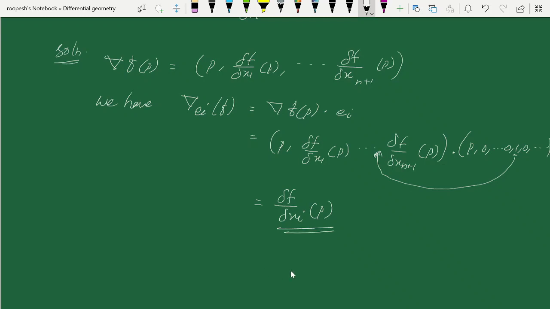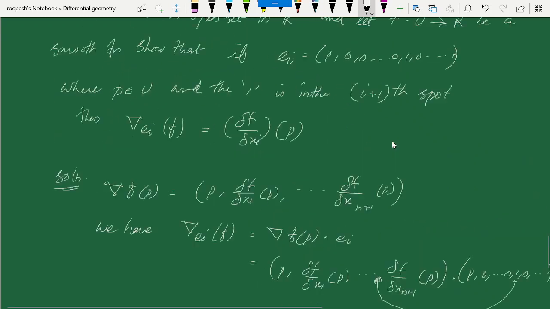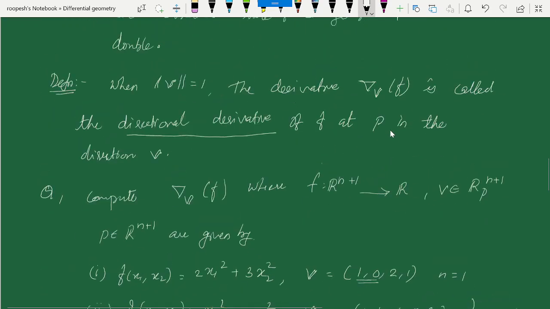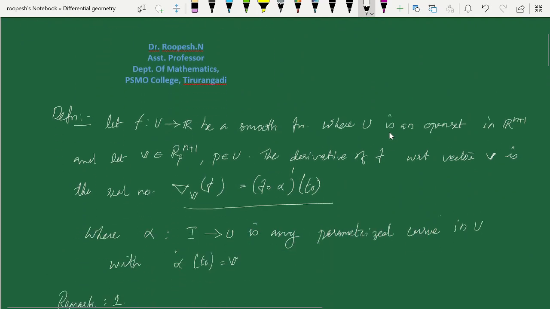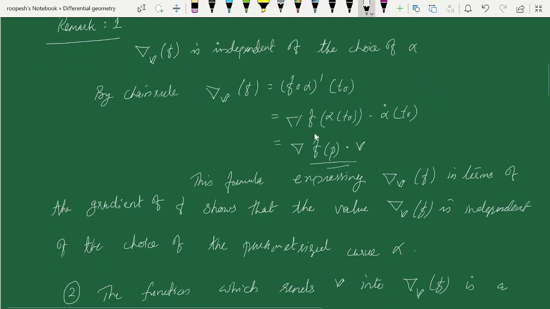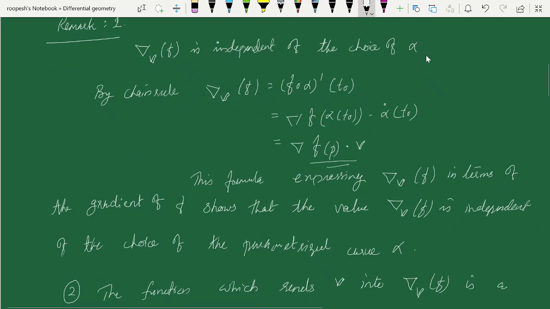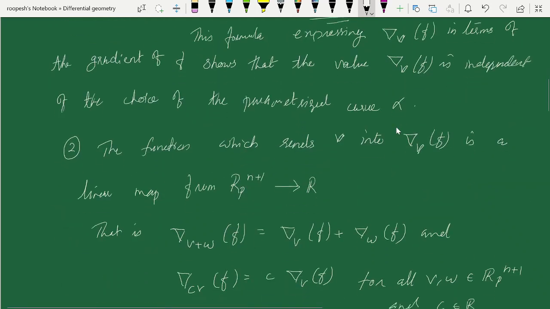Hope you understood today's class. Today we have discussed what the derivative of a function with respect to a vector is. Del v of f is, by definition, the derivative of f composed with alpha at t naught, which is independent of the choice of alpha, and can be written as del f of p dot v.